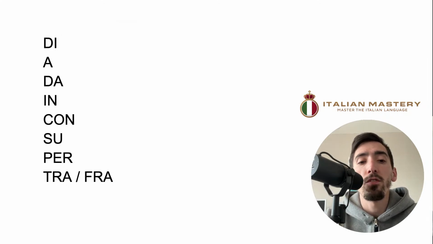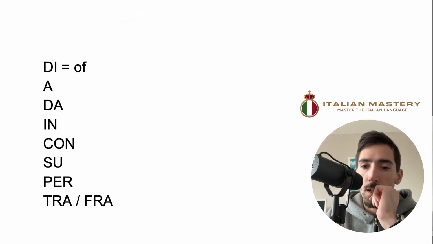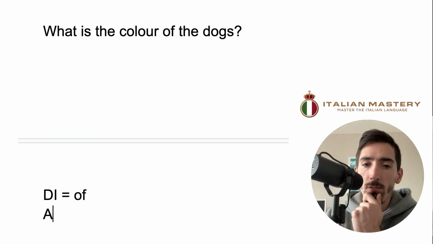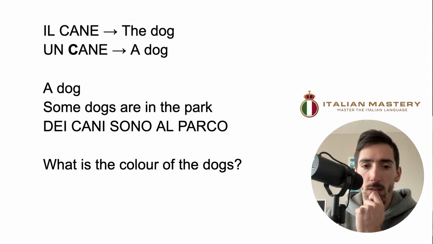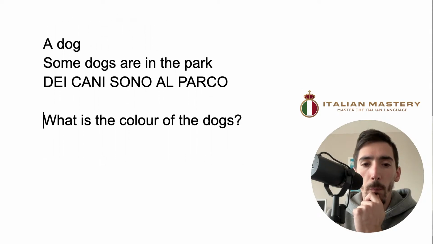For example, if I wanted to say, and by the way, this is the translation, so di is "of." Arturo says, "Che colore dei cani?" Okay, so he's trying to write. This is a very good attempt.